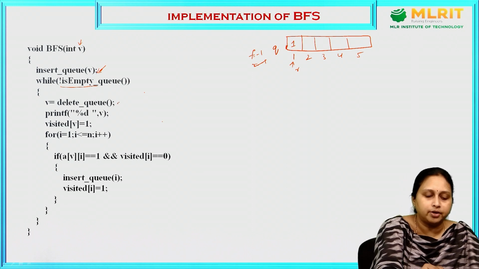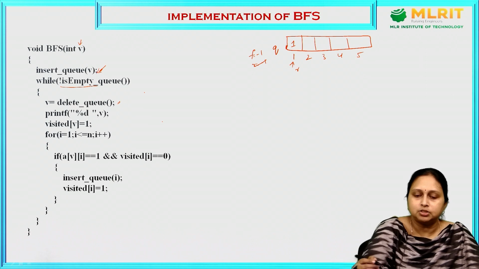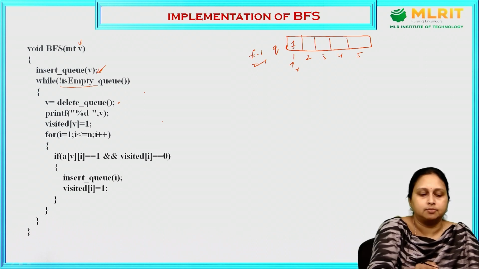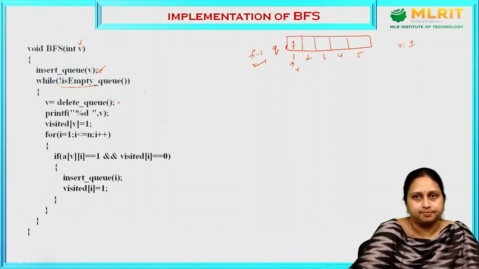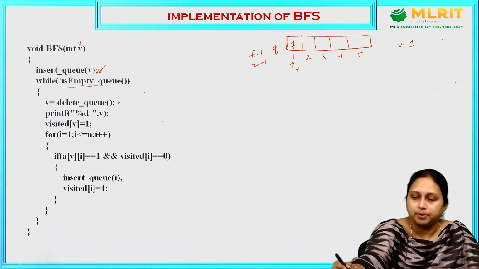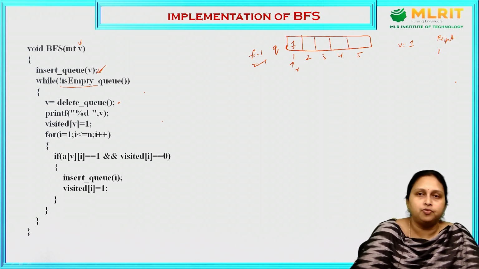Now, what we are going to do? We are going to perform the deletion of Q. That means 1 is going to be deleted from here. Into V, we are going to store the 1 value. Now, we are going to print also, print that 1 value. Now, visited of V equal to 1.